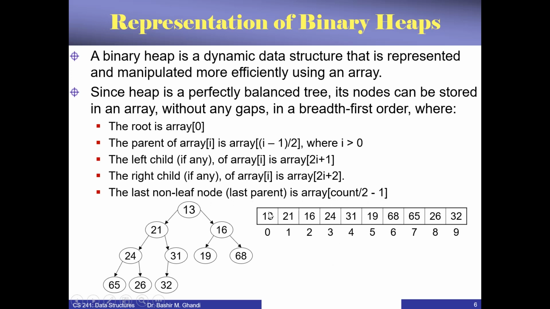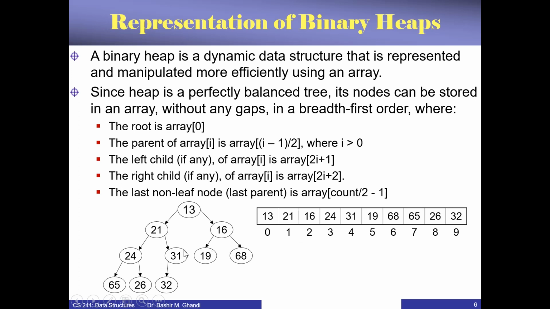Let's see, for example, here, how many elements do we have in this tree? 1, 2, 3, 4, 5, 6, 7, 8, 9, 10. So there are 10 elements. So according to this formula, the last parent is going to be at 10 divided by 2, which is 5, minus 1. So 4.